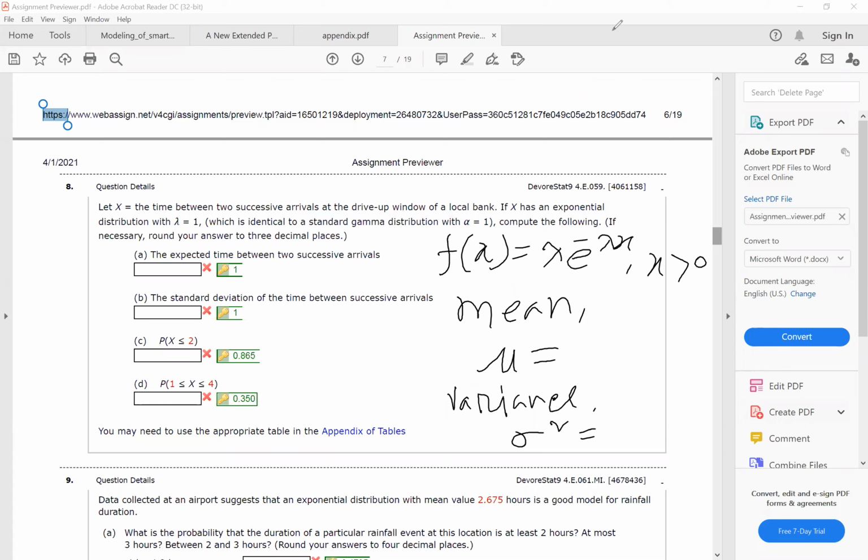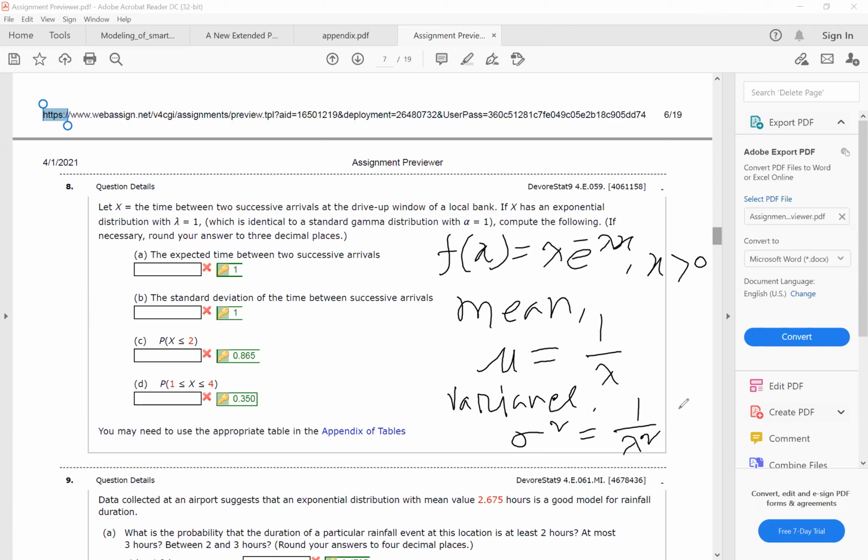What is the mean of the Poisson distribution? Can anyone tell me the mean and the variance of the exponential distribution, if lambda is the parameter? Okay, that's fine. Mean is 1 over lambda and variance is 1 over lambda squared.